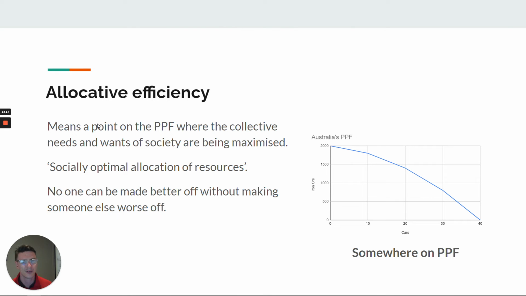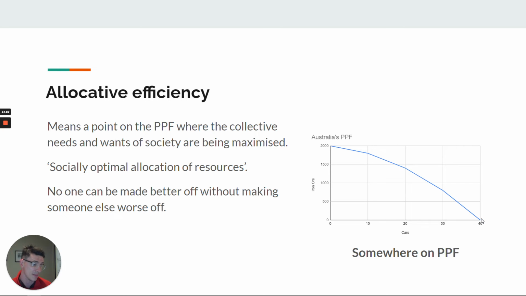So really it's about producing the right goods and services, okay? The right stuff that makes us happy. Technically, some of the textbooks are going to say that it's a point where you can't make anyone better off without making someone else worse off, but it's up to you how you want to think about it. Really, we can think of it as pretty abstract, like producing the good stuff.